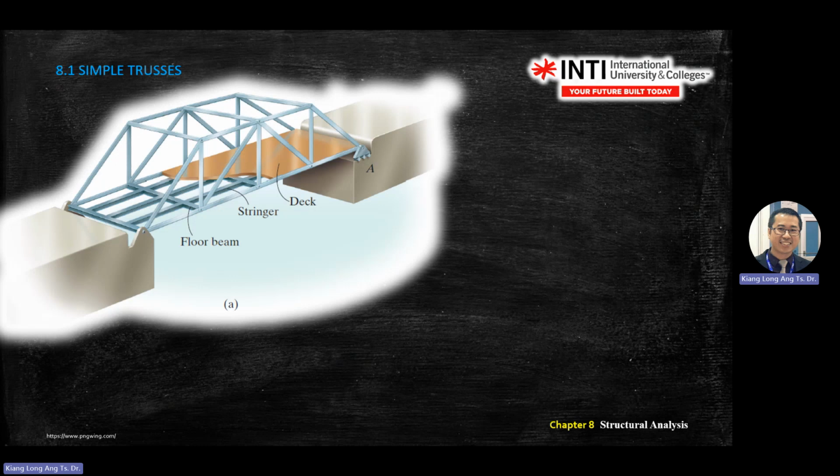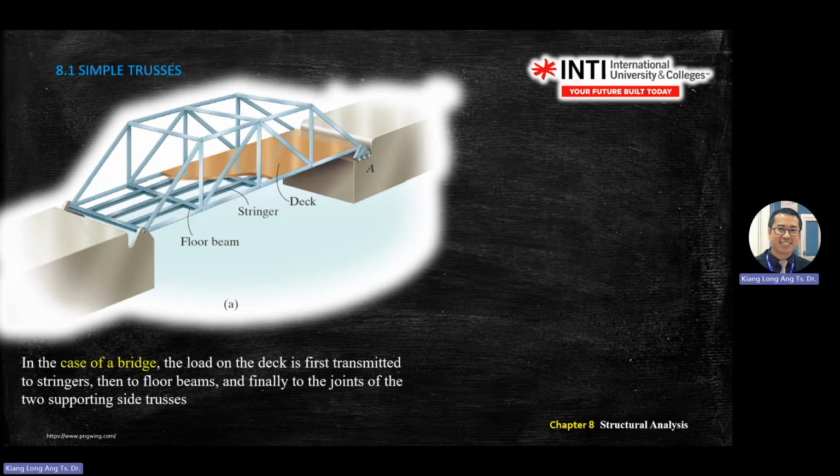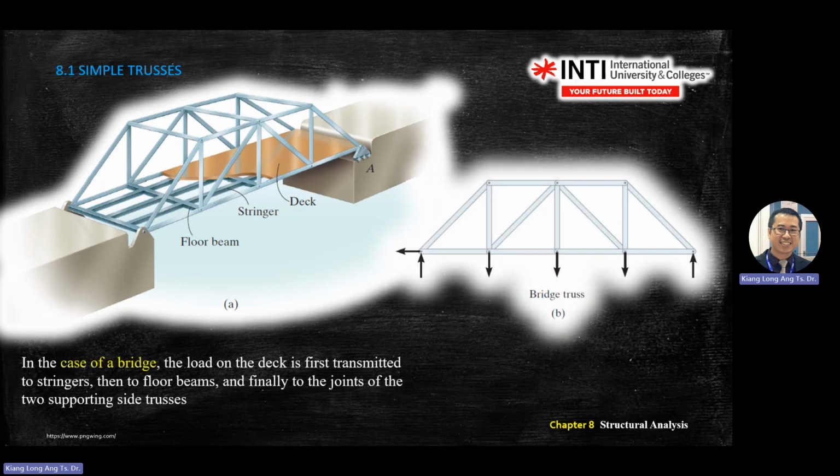But for mechanical, stringers are the ones that connect body to body, usually in the longitudinal direction. Floor beam is a member that connects the longitudinal members. We can convert this kind of simple truss from 3D into 2D.